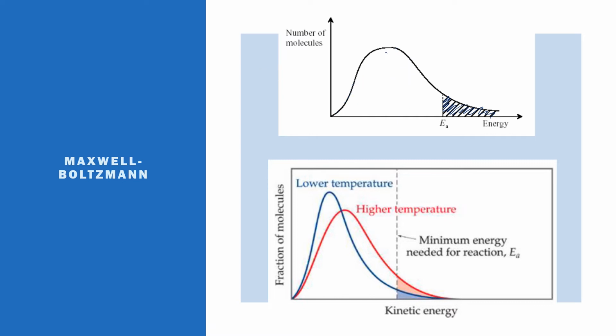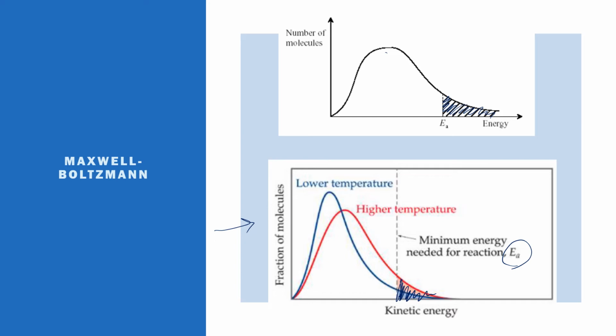Now you can also affect the rate of the reaction by changing the temperature. So if you look at the bottom one here, it shows two Maxwell-Boltzmann distribution curves for different temperatures. You can see the activation energy doesn't change at different temperatures. That energy stays the same for a particular reaction. But the area under the curve after that point, there's much more particles for the higher temperature than for the lower temperature.